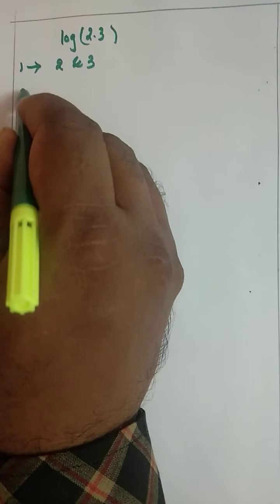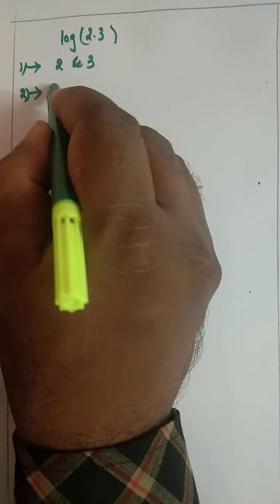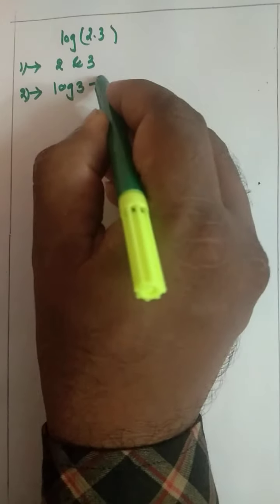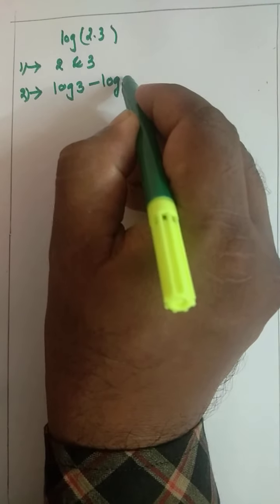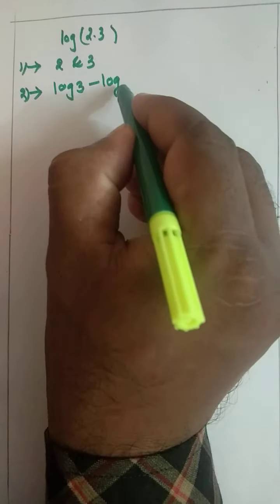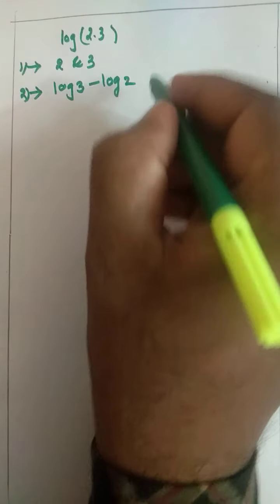Then what do we need to check in the second step? In the second step we need to think of log of 3 minus log of 2. The range is between 2 and 3, so we take higher number minus lower number, and for them you need to apply the log values.